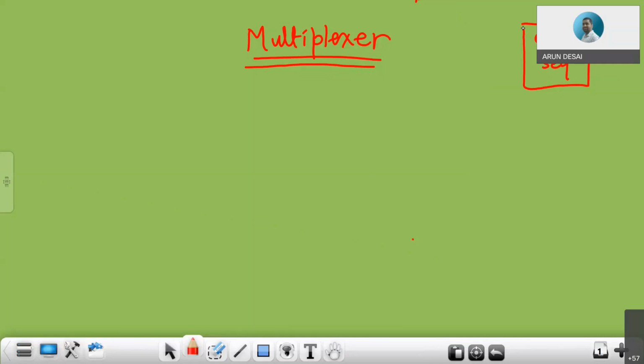Right. So this is also a combinational circuit which is actually used to direct multiple inputs to an output based on select lines. Now, a multiplexer is a circuit with many inputs and one output, right?